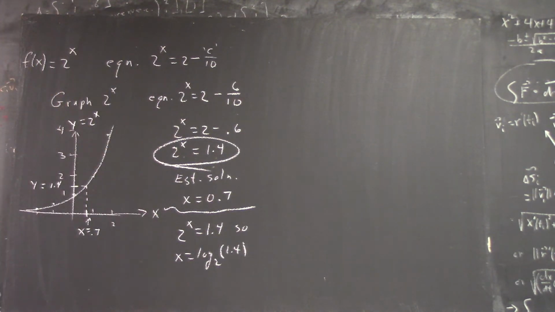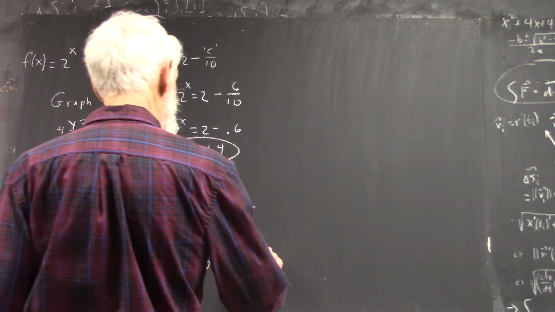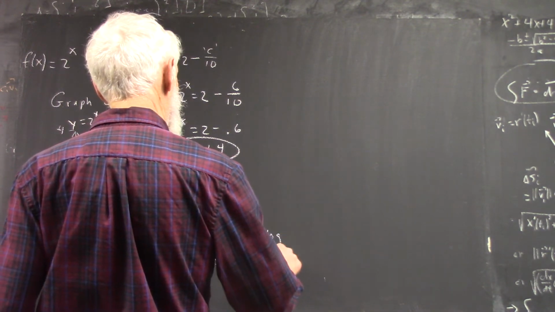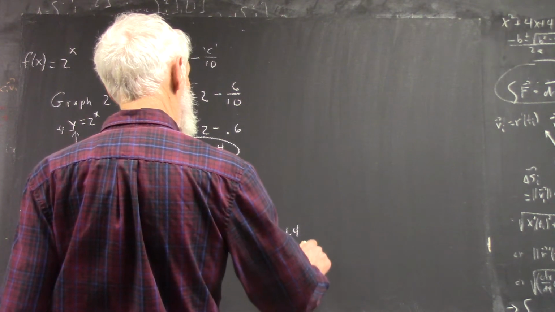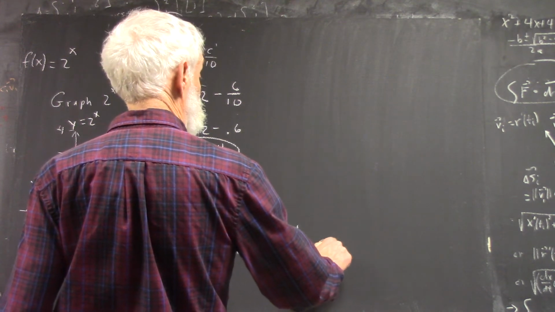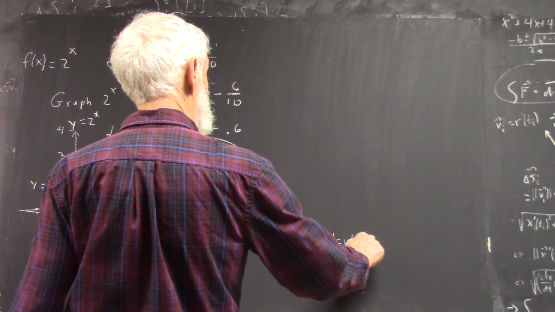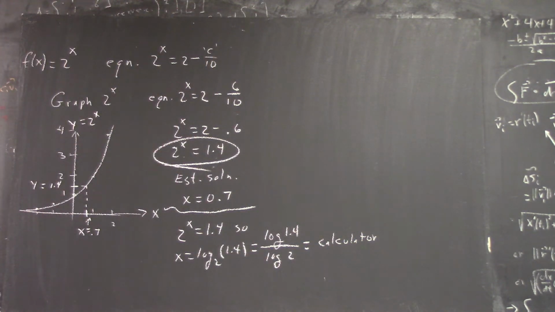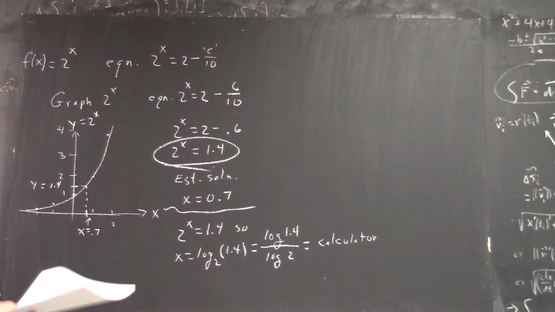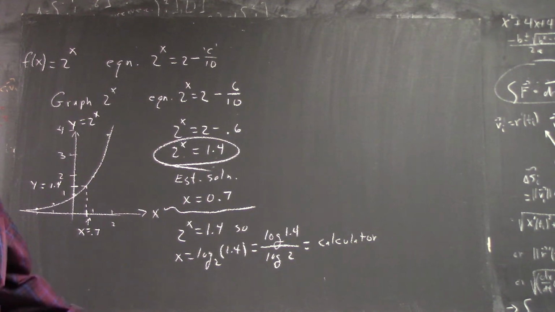Right? And log base 2 of 1.4 is the log of 1.4 divided by the log of 2. And you do a calculator, right? And you find that my estimate wasn't very good at all because it's really pretty close to 1/2.